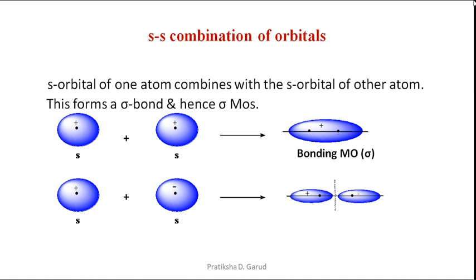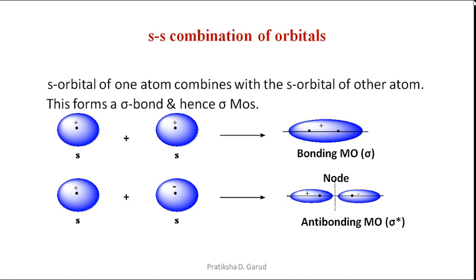Due to their repulsion, there is a formation of a straight line in between them. That straight line is known as the node, and that orbital is known as the anti-bonding molecular orbital, which is having the symbol sigma asterisk.